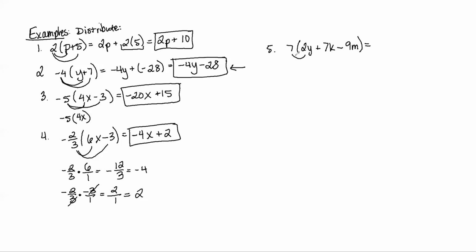We're going to distribute this 7 into all 3 of the terms. 7 times 2y is going to give us a 14y. 7 times 7k, 7 times 7 is 49, and it's positive, so plus 49k. And then 7 times negative 9 is negative 63. Bring the m along with it.